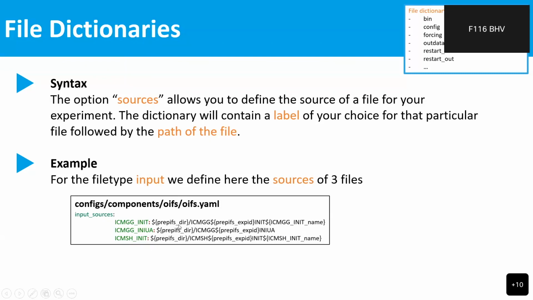You can see that the path of the file uses variables from ESM Tools, so that this is pretty generalized and works for different computers, and for different options inside a choose or something like that. So that's the sources, and this is basically telling you where the input is coming from. Okay? So it would be the pool, for example.